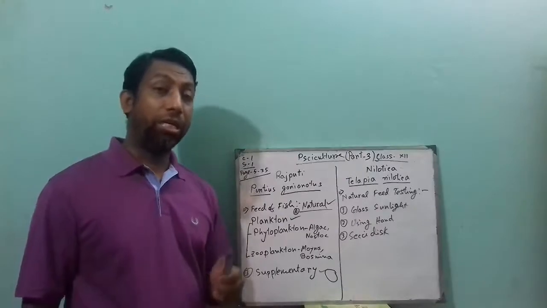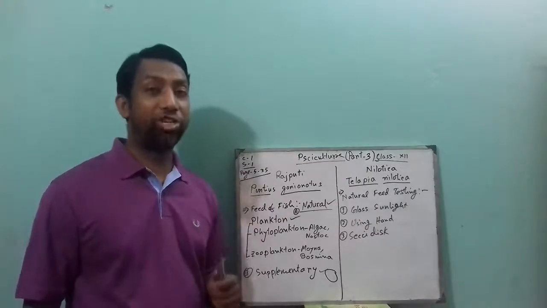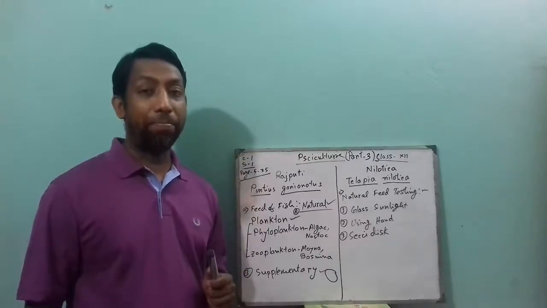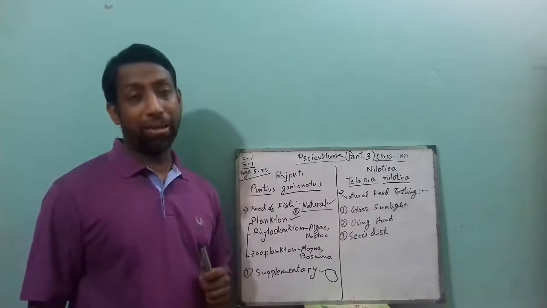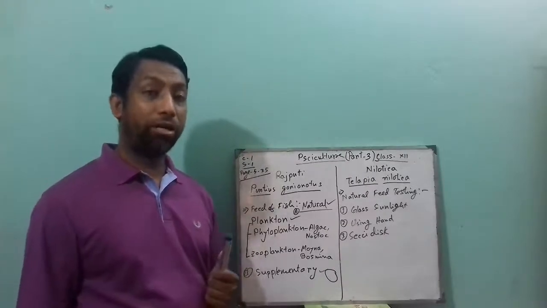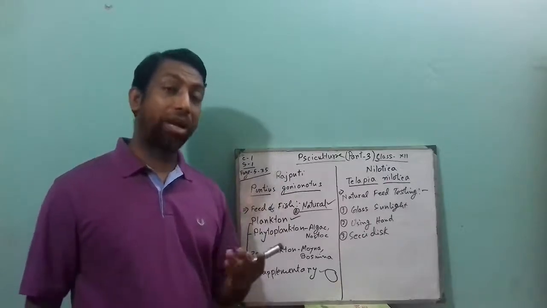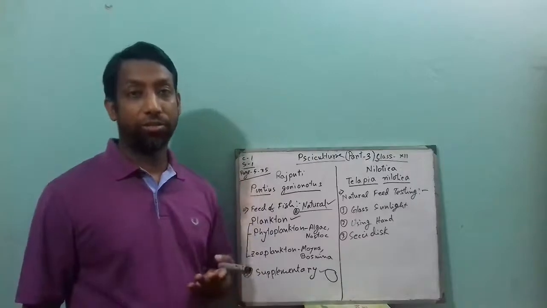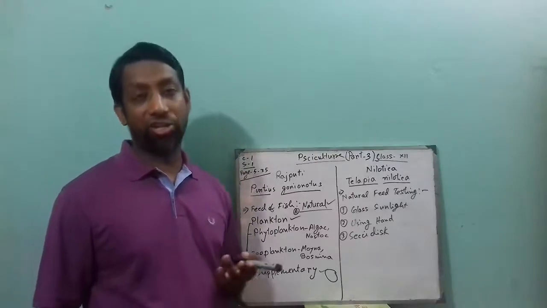And make sure all the time you examine whether there is enough natural feed in the pond, and then you have to stop the supplementary feed. How can you observe that there is enough natural feed in the pond? You can observe it if the water is very greenish. That time you can see there will be enough natural feed.